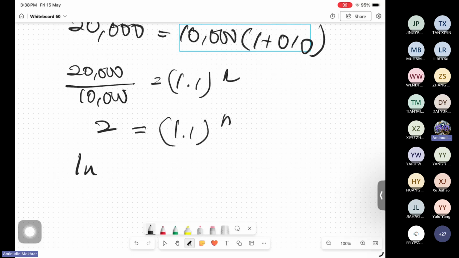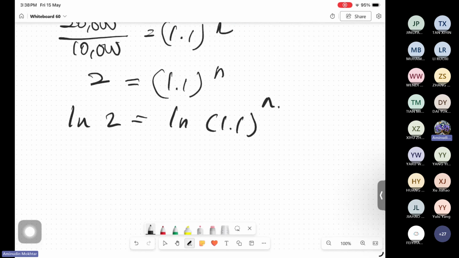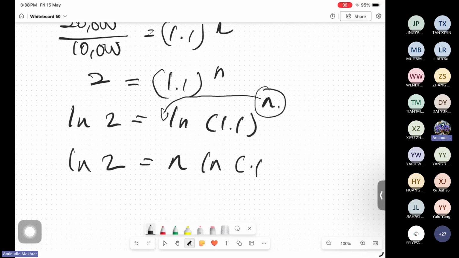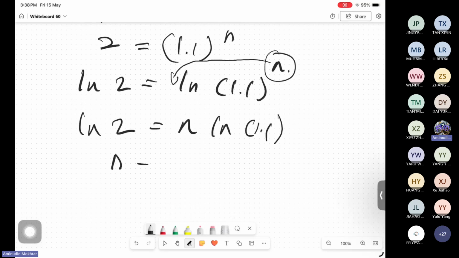So ln 2 equals ln 1.1 to the power of n. If you refer to the rule of log, for ln 1.1 to the power of n, we can take this power and put it in front. So ln 2 equals n ln 1.1. So what is n? N equals ln 2 divided by ln 1.1.